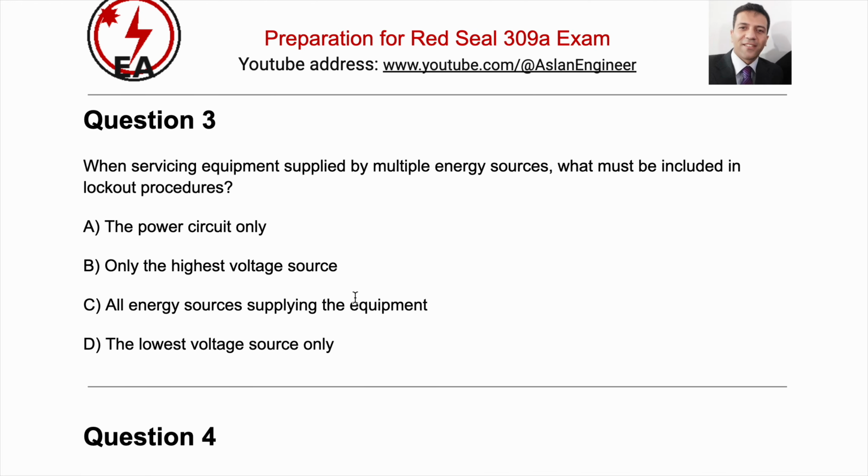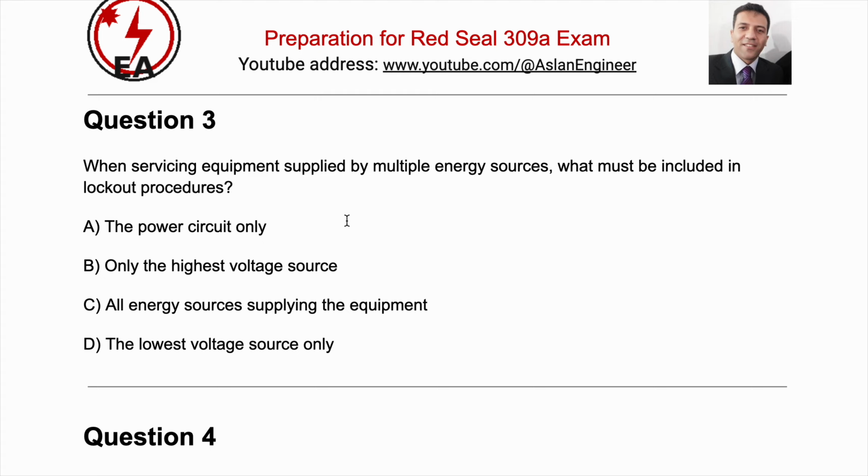Let's go to question 3. When servicing equipment supplied by multiple energy sources, what must be included in the lockout procedure? So we have electrical equipment, and this equipment is very important. Maybe it's emergency equipment, or maybe for medical care or something. So it has different kinds of energy sources supplying this equipment.